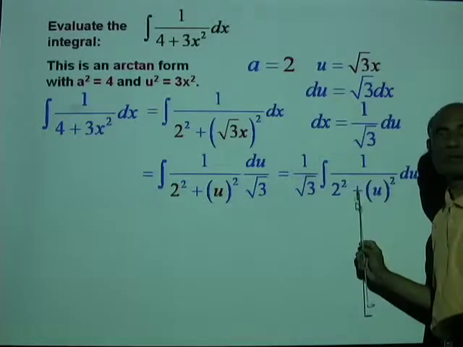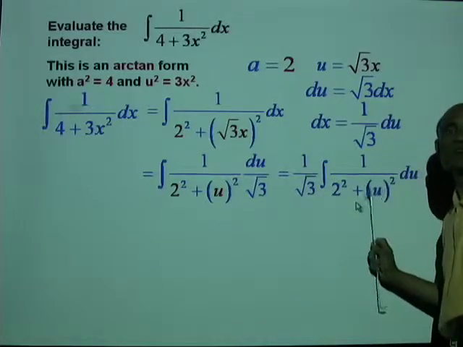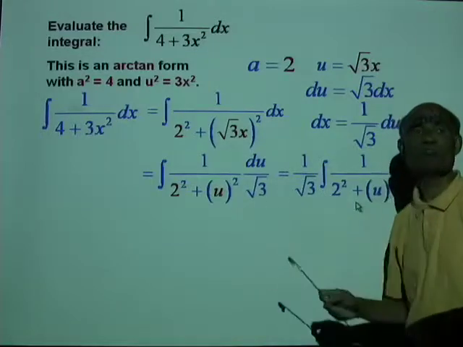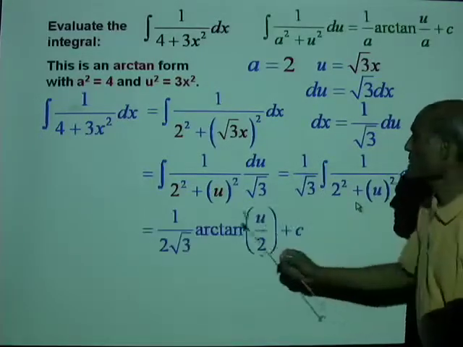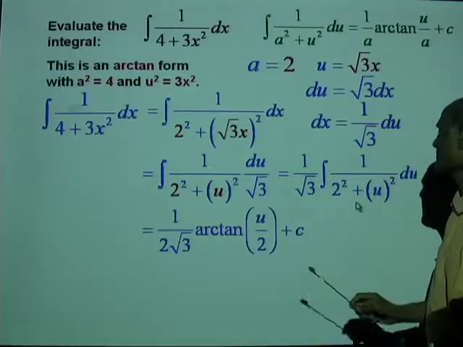What is this integral? It will be 1 over a arctan u over a plus c, with 1 over square root 3 outside. So that will be 1 over 2 square root 3.